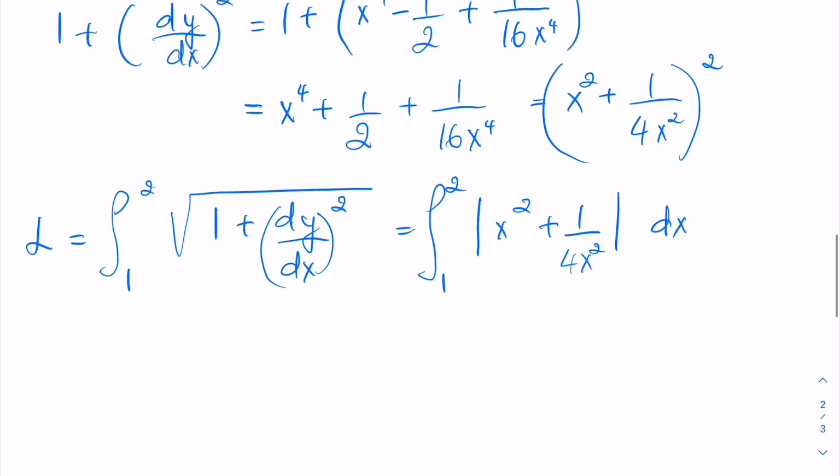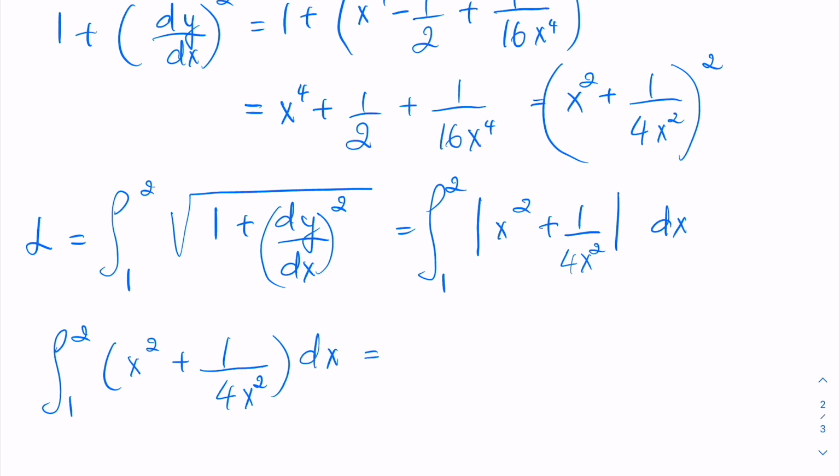So this is what we need to integrate. Since it's x squared, I can just drop the absolute values. So it's going to be 1 third x cubed minus 1 over 4x.